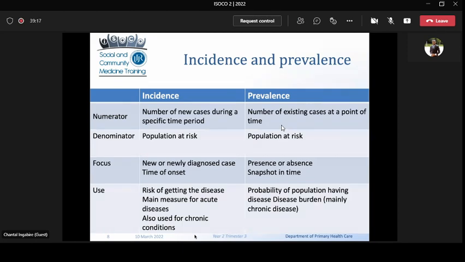If you define prevalence as the number of existing cases at a point of time, what might be the factors related to the increase or decrease of the prevalence?